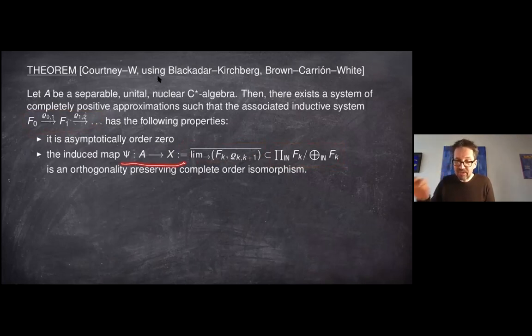And since the psi_k in the Brown, Carrión, White approximations could be chosen to be approximately order zero, then you can make sure that this induced map here is an orthogonality preserving map, and you can arrange things so that this is a complete order isomorphism.